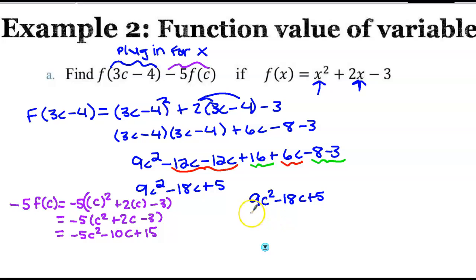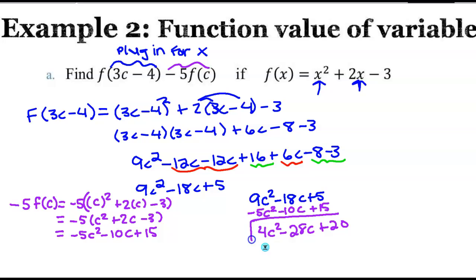And y'all know I like to line it up if I'm able to. Negative 5c squared minus 10c plus 15. So what would I get here? 4c squared minus 28c plus 20.